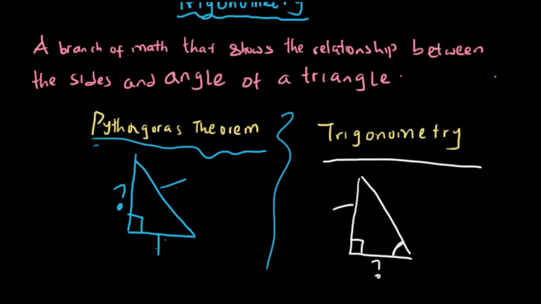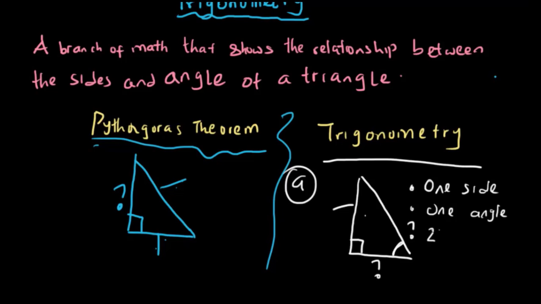Do you understand? So it's still a right angle triangle, but we know one side, one angle, and we are told to find the second side.